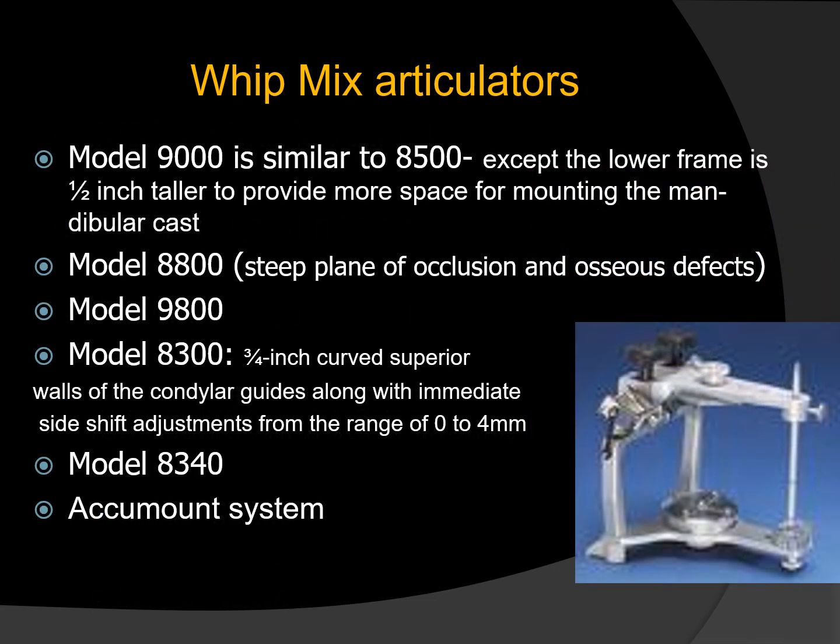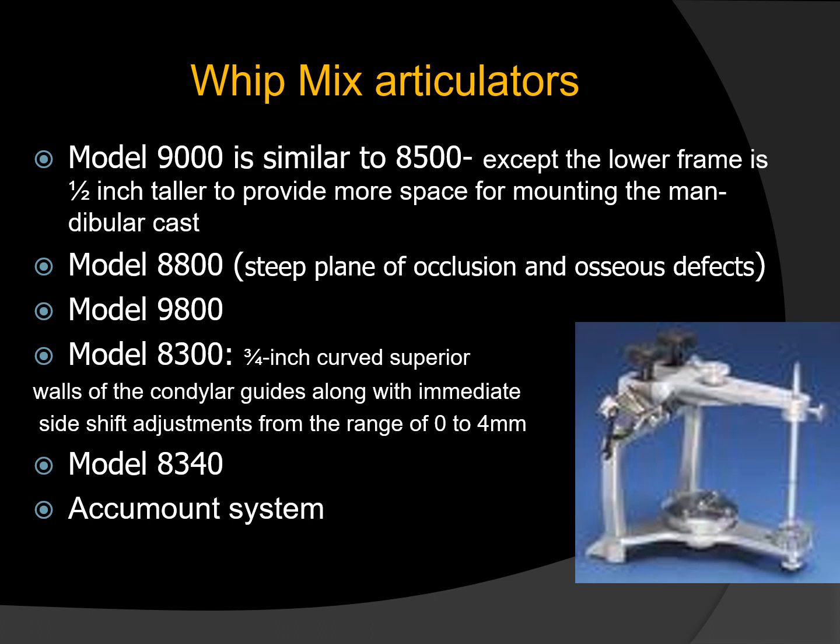Next was the model 9000, which was similar to 8500 except that the lower frame is half-inch taller in order to provide more space for mounting the mandibular cast. And then came the model 8800, which provided an additional half-inch space to mount the maxillary cast.